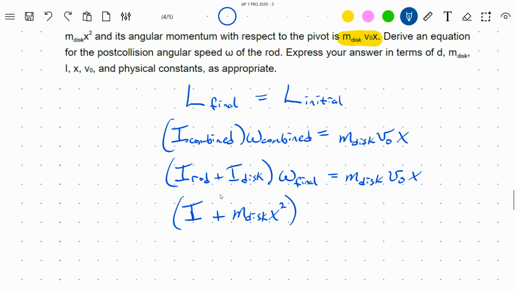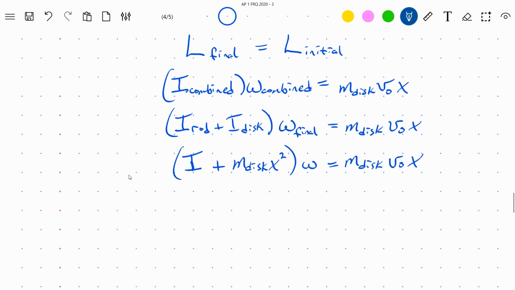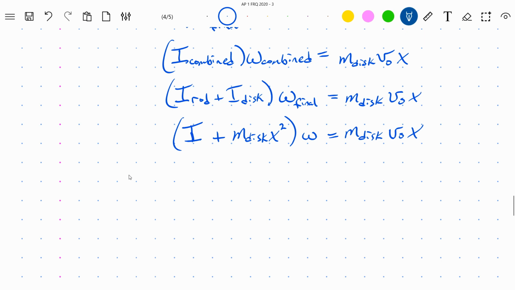So at this moment, I will start using that, omega, equal to the same, m of the disk v0x. Now, since they wanted this equation to be for the angular speed omega, I'm just going to solve this for omega by dividing that combined rotational inertia to the other side of the equation. Something like omega is equal to m disk v0x over I plus mass of disk x squared.